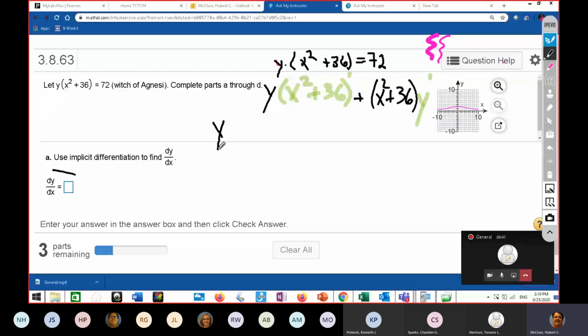And that's going to be 2x plus x squared plus 36 times 1 y prime. Oh, equals 0.